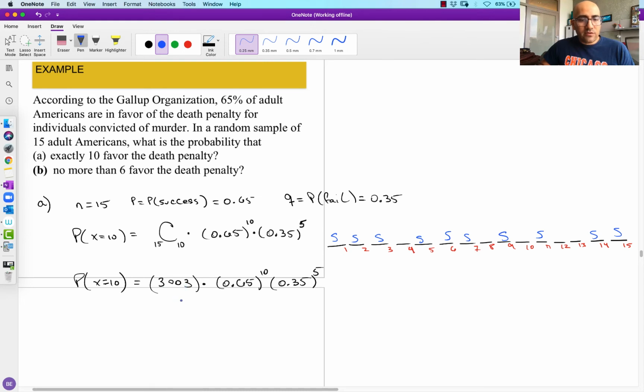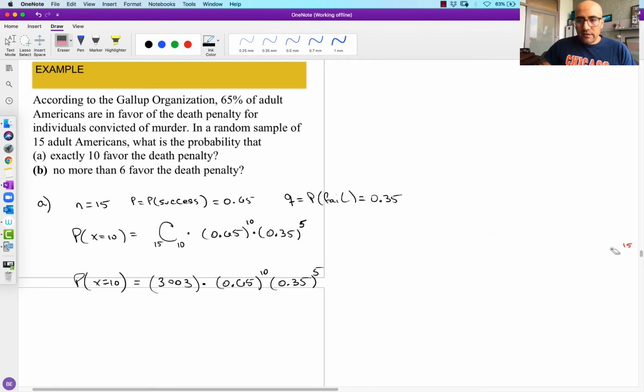There are 3,003 different ways in which all of this can occur. And each one of those is going to have this probability. Okay, all right, so we don't really need that. I just wanted to, once again, go over what this number means. But we don't really need it. Let's get rid of it. Let's get back to this guy.